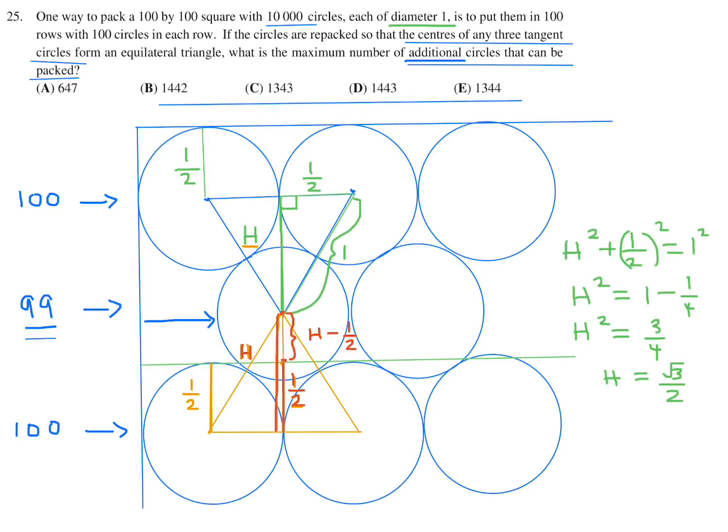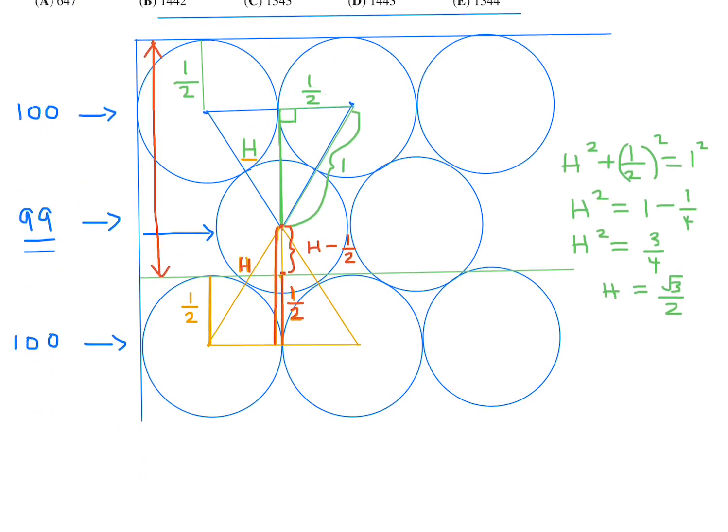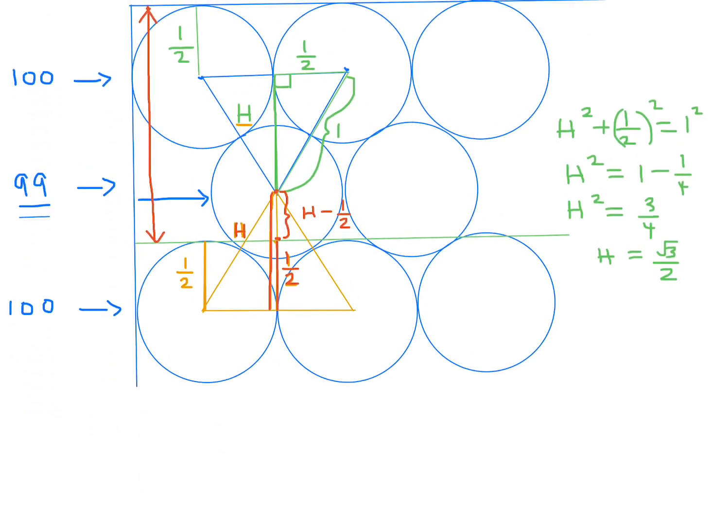So the total height from there to there of the first two rows is very important. Well, we've got a half here.